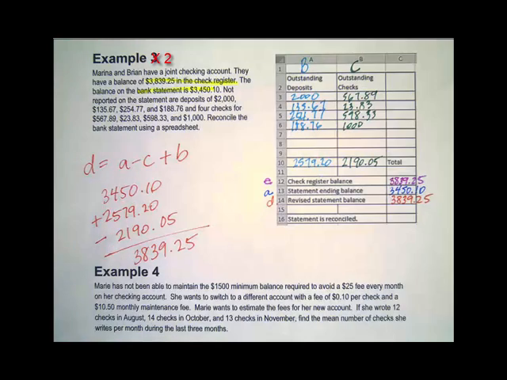It looks really different compared to those other examples when it's in the spreadsheet. So make sure you get that formula from example 2 and you can do it. Don't just memorize some letters, because you got to know what the letters represent. Take a second and process that, and then let's try example 4.